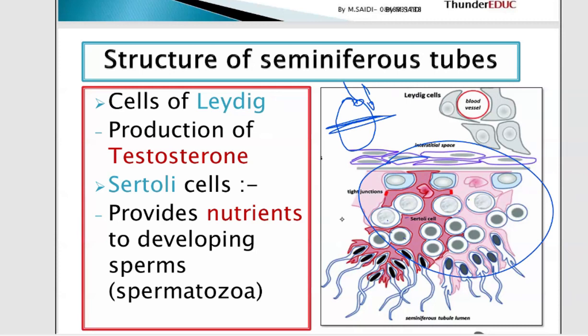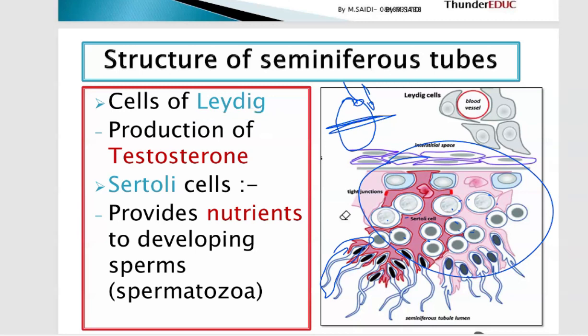Now, these are different cells. What you see here are the sperms which are being formed. They are developing. This testosterone is being produced by the cells of Leydig. So many people say cells of Leydig.